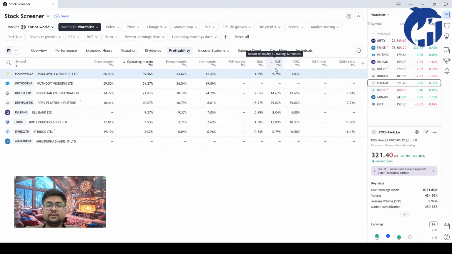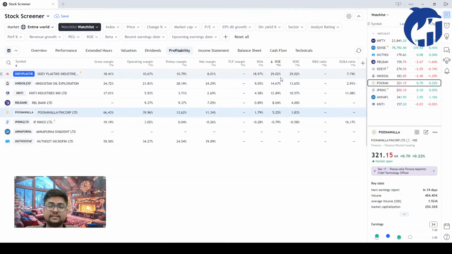Poonawalla's trailing twelve months return on equity is 5.525%. Hindustan Oil Exploration has a good return on equity of 14.67%, and the highest return on equity is DDB Plastic at 29.02%, and ROIC is at 29.02% here too, right?